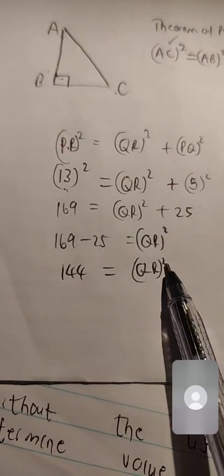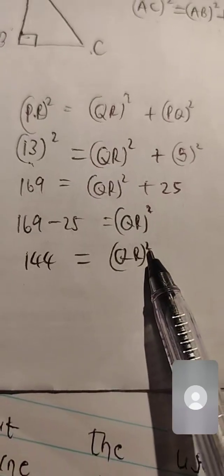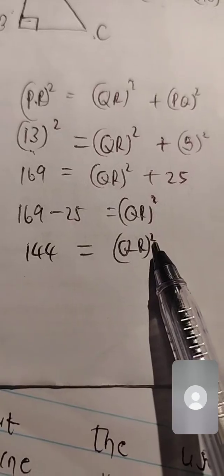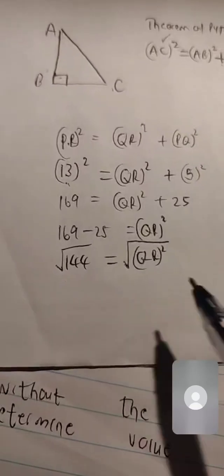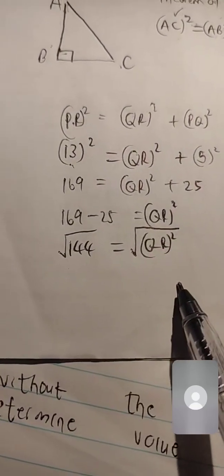Then we want to get rid of the square. How do we get rid of a square? Square root. So we take the square root on both sides so that we can get rid of the square. What we do on one side, we do on the other.